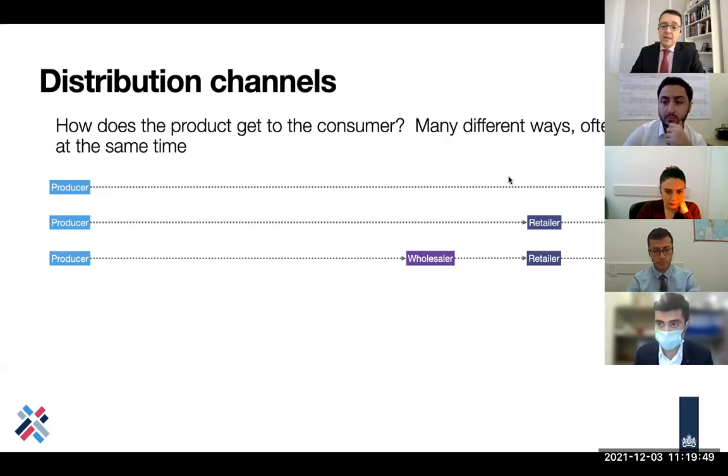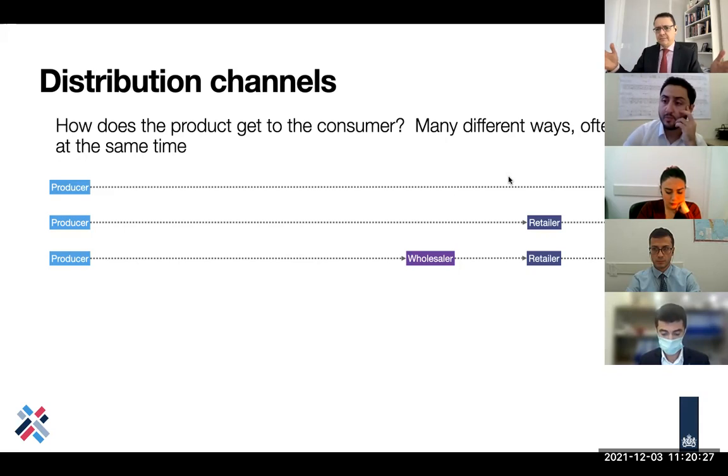In many cases, and this is the case for the vast majority of distribution channels and supply chains, there is a wholesaler at some point, either a wholesaler or a distributor. Why? For example, if your name is Coca-Cola, you don't sell bottles of Coca-Cola, you sell pallets, you sell large volumes. But if the retailer is the small neighborhood shop, they can't buy a pallet of Coca-Colas.